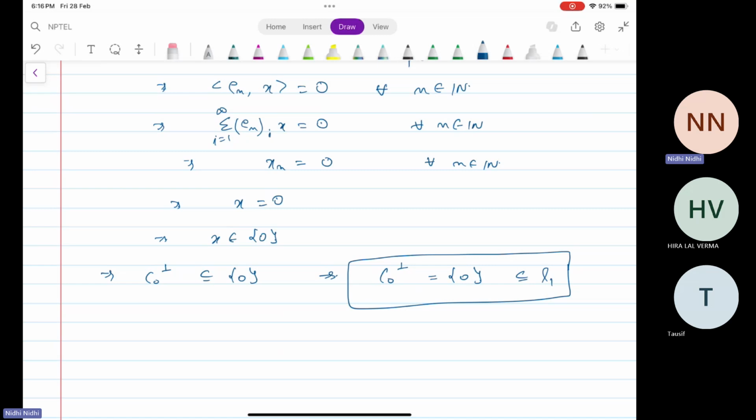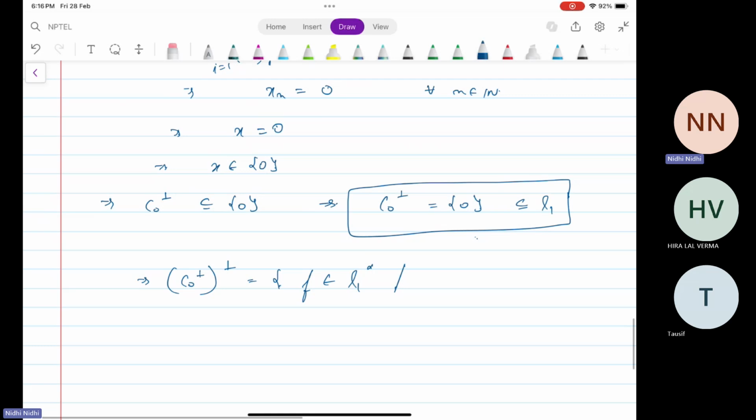Now we actually needed to find C naught perp perp. So now this C naught perp is a subset of L1. Now we'll be using the definition of perpendicular for the subset of the normed linear space. So this implies C naught perp perp is the set of all those functionals in L1 star such that f of x is equal to 0 for every x in C naught perp.